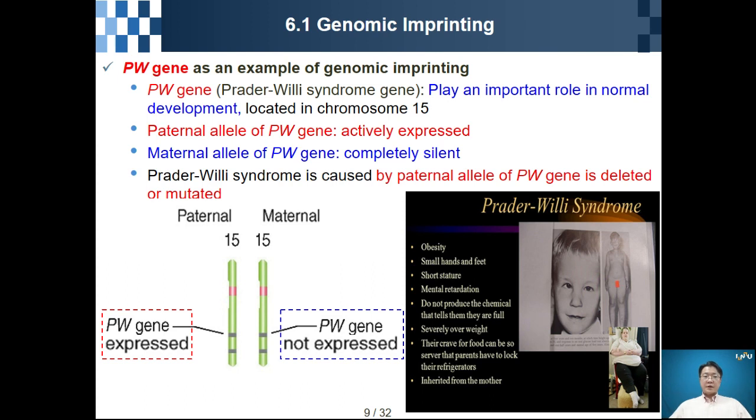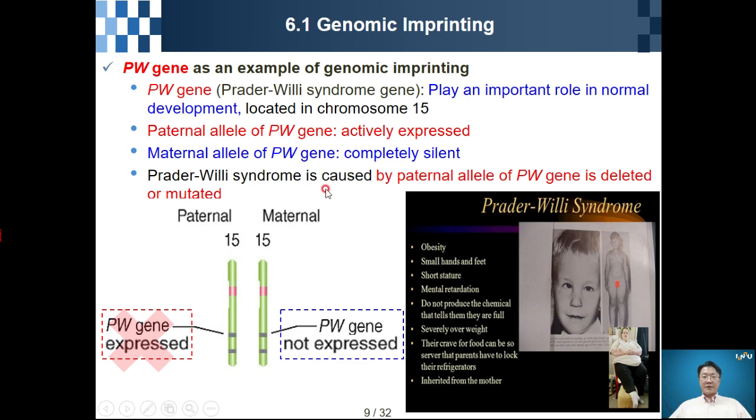Prader-Willi syndrome is caused when the paternal allele of the PW gene is deleted or mutated. When the paternal allele of the PW gene is deleted or mutated, Prader-Willi syndrome happens. This is the symptom of Prader-Willi syndrome.